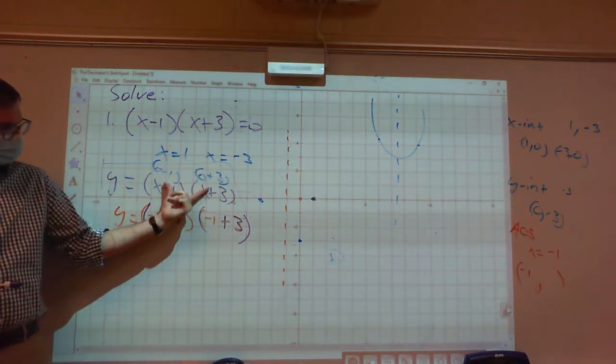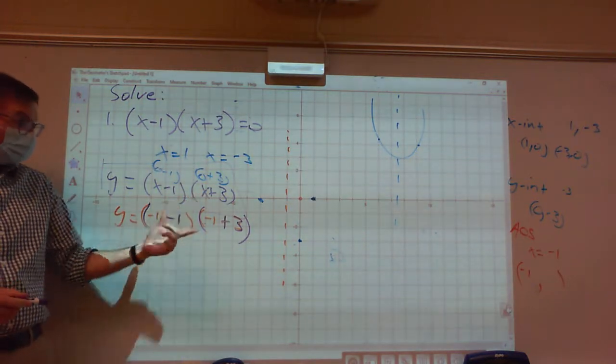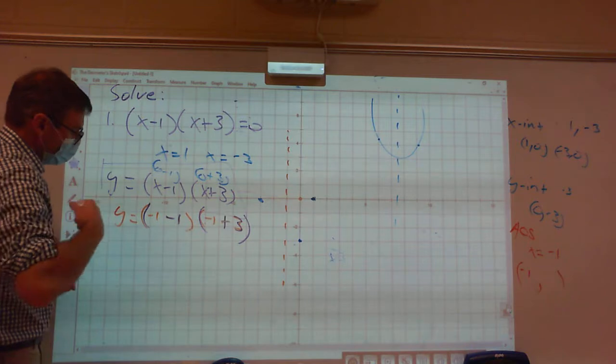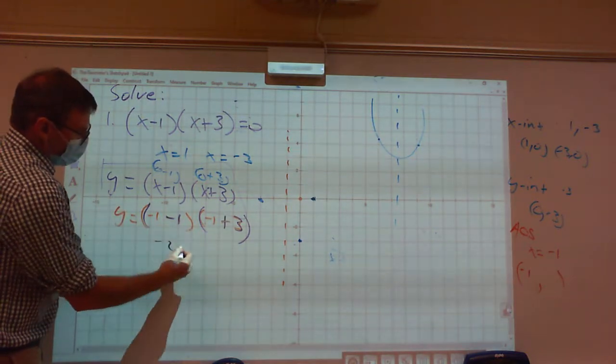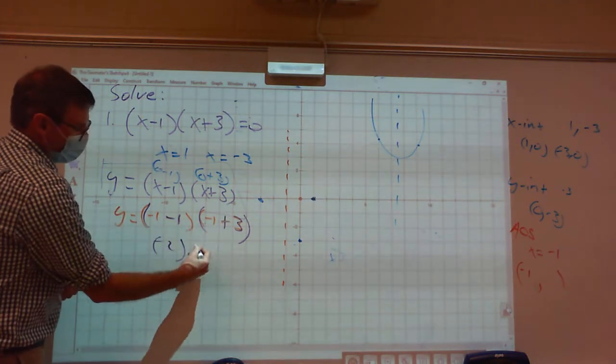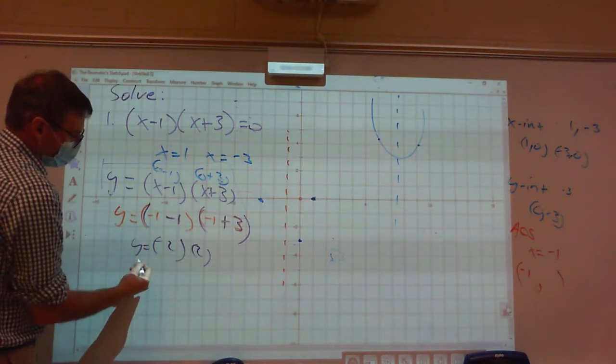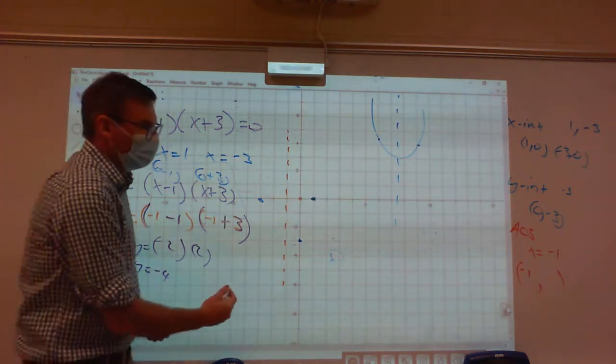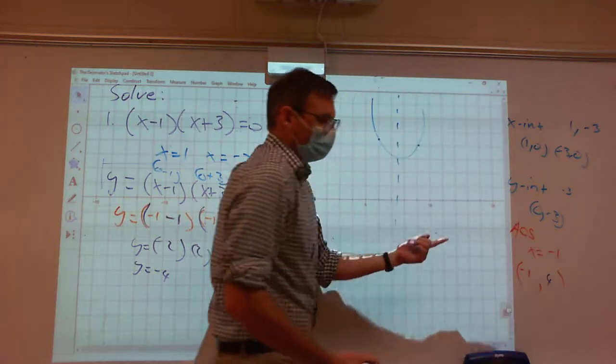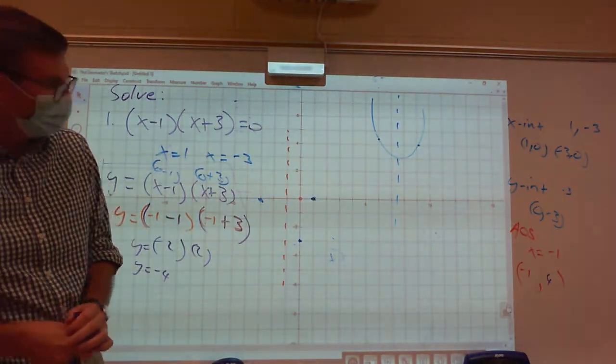So here's the original function, and I plug -1 in for the x. And so now I work it out, and I get, let's see, -2, and that's going to give me a +2, so I end up with y is equal to -4.